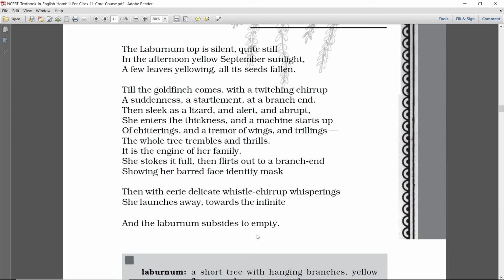Isn't it a beautiful poem? Now you must have understood that there are layers of meaning in this poem, and probably that makes it a very special poem. First of all, we can relate this poem to any kind of relationship. It can be a relationship between two friends, it can be a relationship between children and parents, it can also be a relationship between a devotee and God.